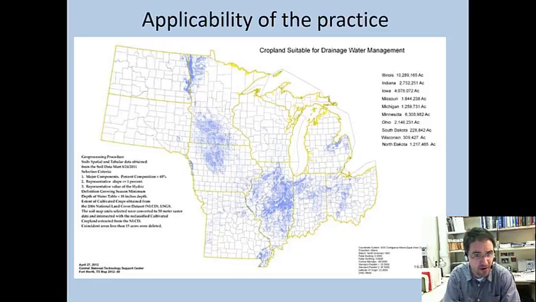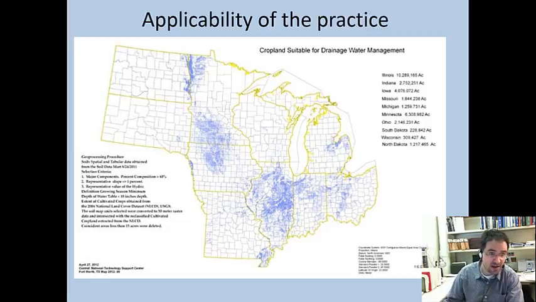And this is the estimate of the cropland suitable for drainage water management. Looking at slopes less than 1%, and looking at soils that are estimated to benefit from drainage.